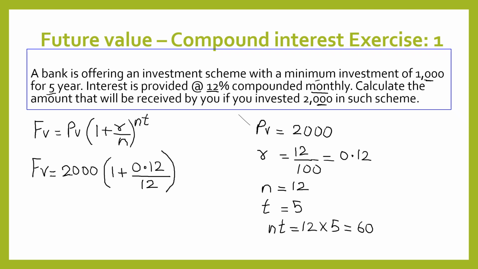Bracket close. nt, we have already calculated, n multiplied by t, 12 into 5. So our nt is 60. Take this on your calculator. Type 2000 into bracket 1 plus 0.12 divided by 12 power of 60. So we will get the answer 3633.39. So this is my future value.